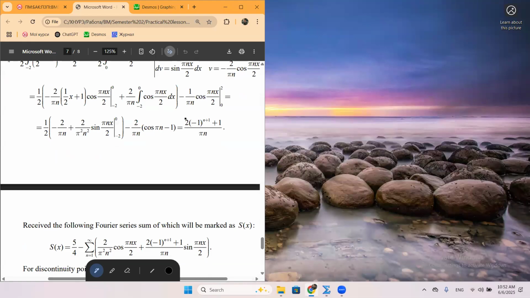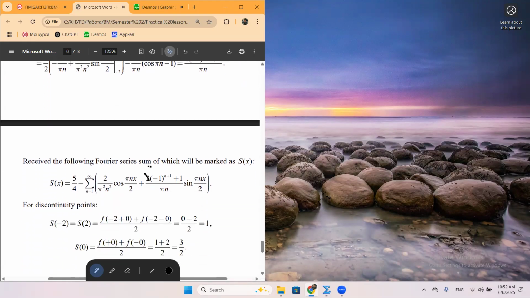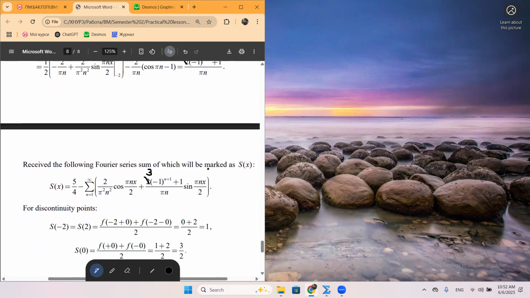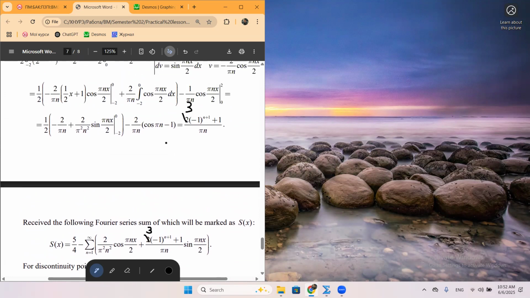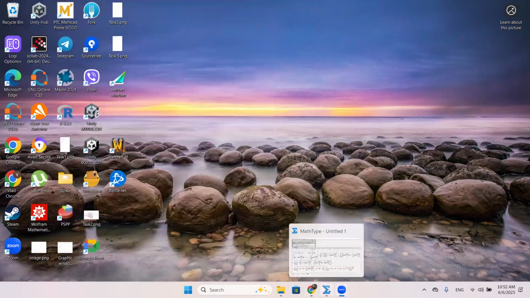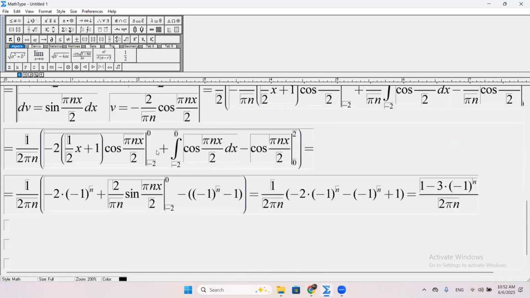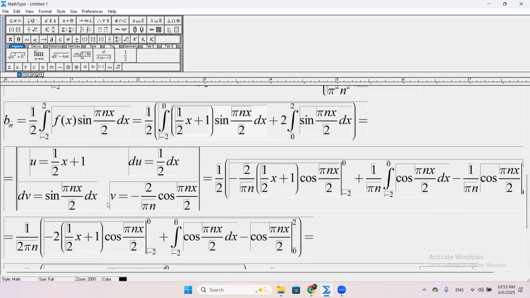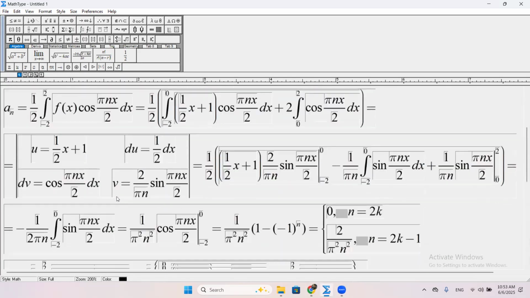So we'll draw 3 here. Okay. And we also need to recalculate all this expression. Okay, so let's return here. What did we actually receive? All the Fourier coefficients.